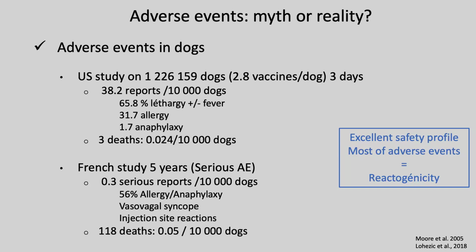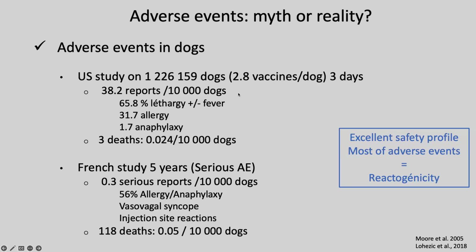So I will present to you rapidly a large cohort study done in the USA on more than 1 million dogs. Each dog received almost 3 vaccines the same day, and dogs were followed for 3 days. This study demonstrated that we had 38 reports per 10,000 dogs vaccinated.